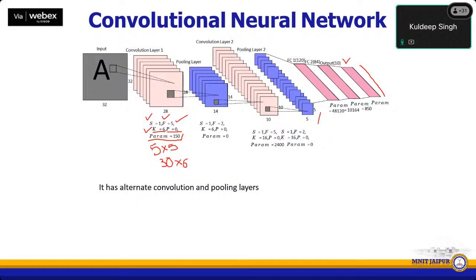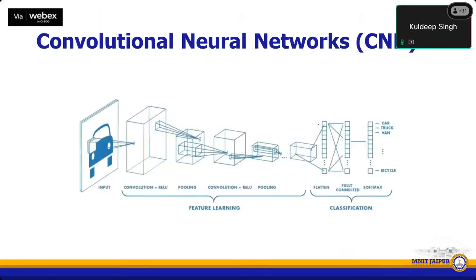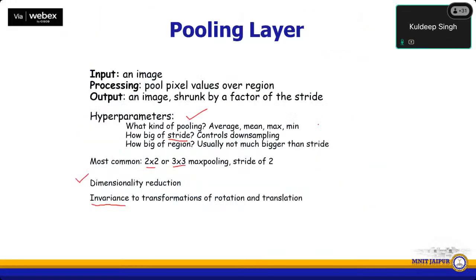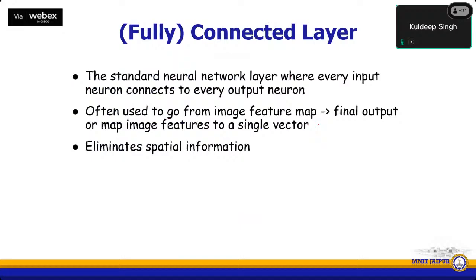And till this stage, we were maintaining the spatial context of the image. Now, with the help of this fully connected layer, we will vectorize it into a single vector. So fully connected layer, the name fully connected means all these neurons are connected. The neurons of a layer are connected with each of the neurons from the previous layer.